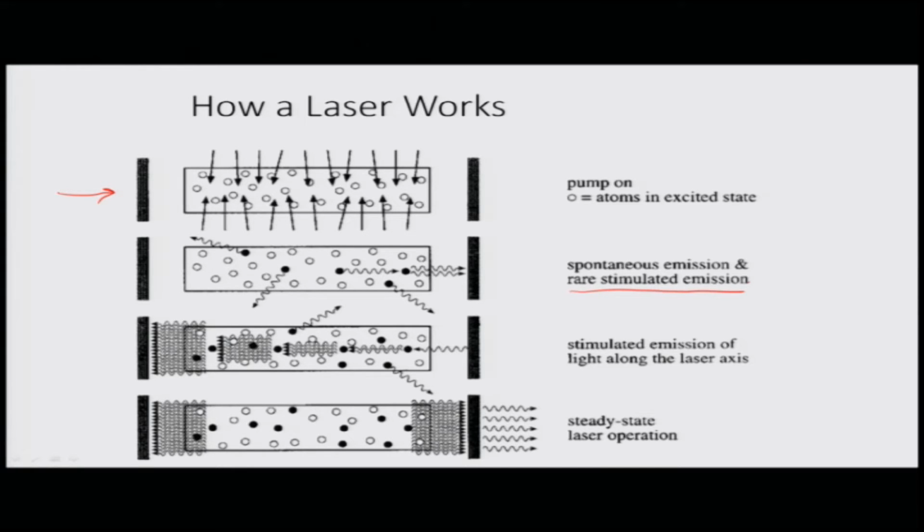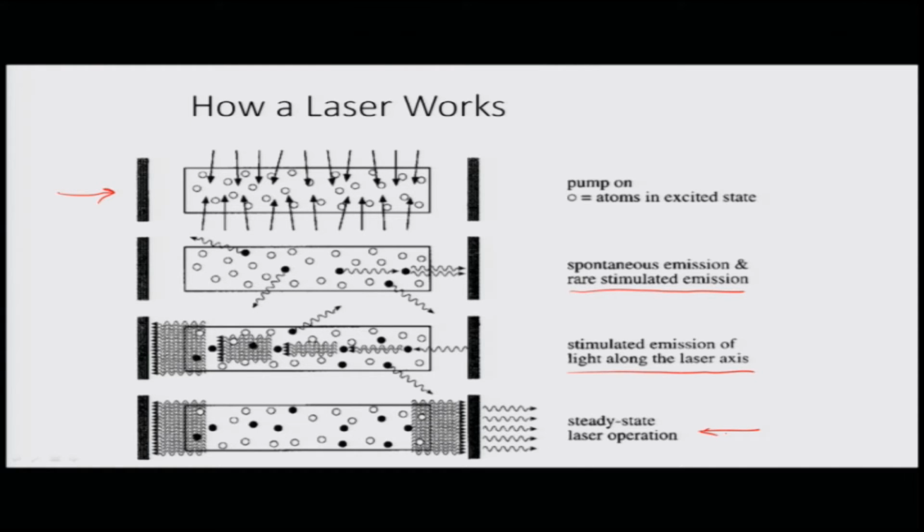Once the spontaneous emission photons are available, they start stimulating the process inside the cavity for amplification, and that is how we get the laser, where the directionality of the stimulated emission of the light along the laser axis results in the amplification that we need to finally get to steady state laser operation, or as we discussed in our previous class, we can also operate in a pulse mode.